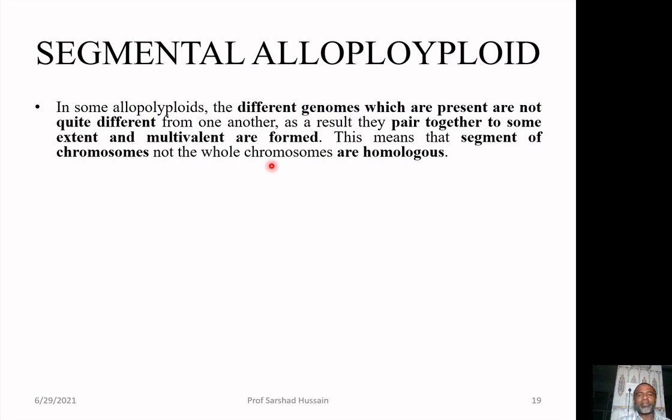They had some segments of the chromosomes which resembled one another. So, it means the segments of the chromosomes were resembling each other from different species. So, it is called segmental allopolyploid.